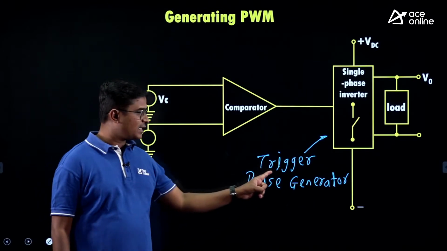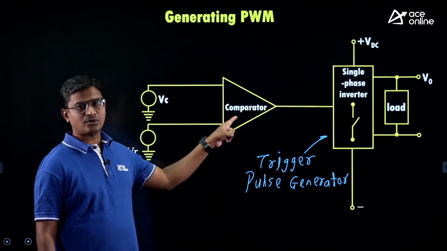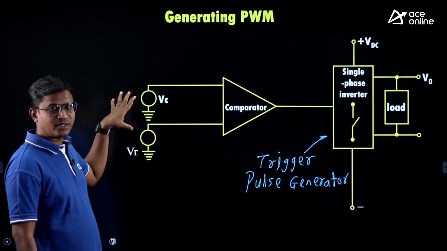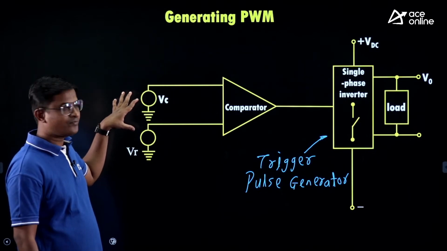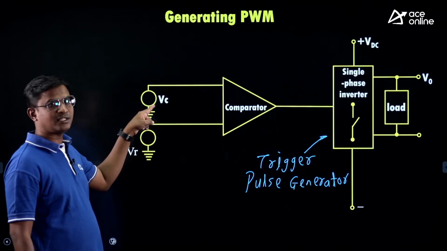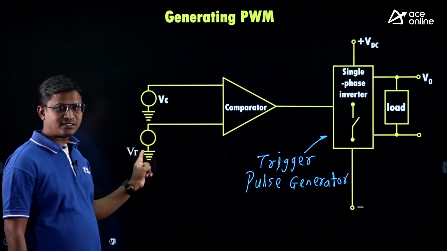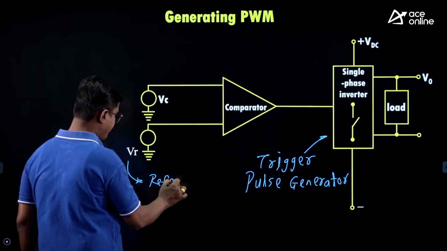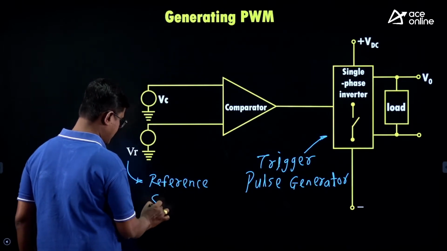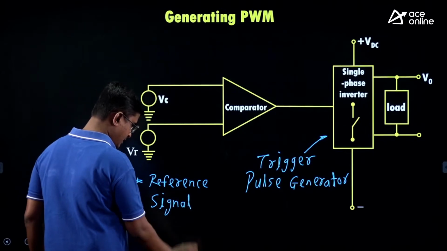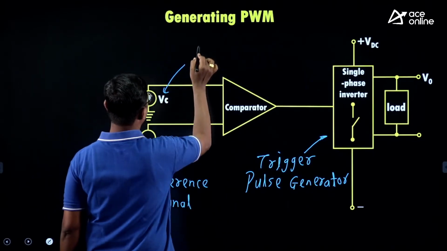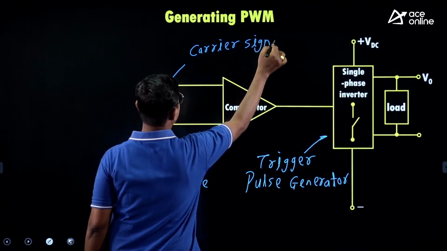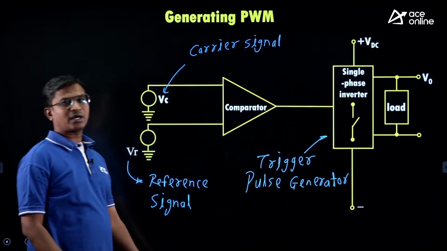But who controls the trigger pulse generator block? The comparator controls it. And what is the comparator doing? The comparator is simply comparing the magnitudes of VC and VR. VC is the carrier signal and VR is the reference signal. These two signals we give as input to the comparator.